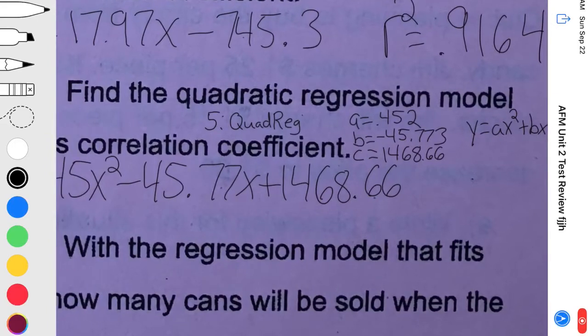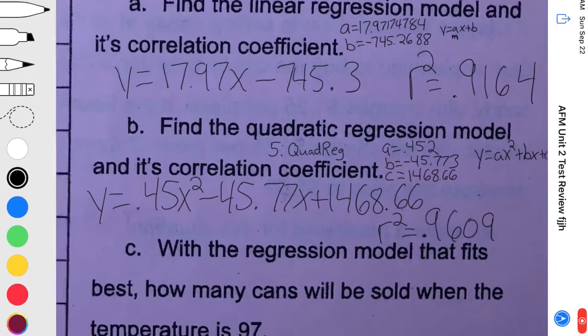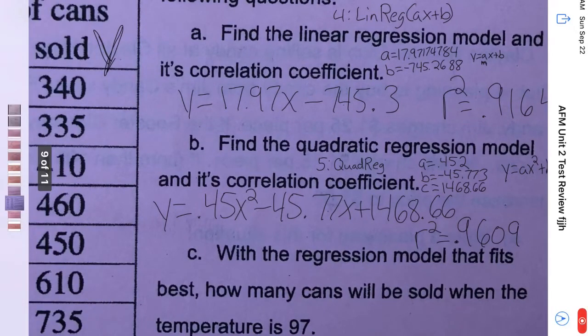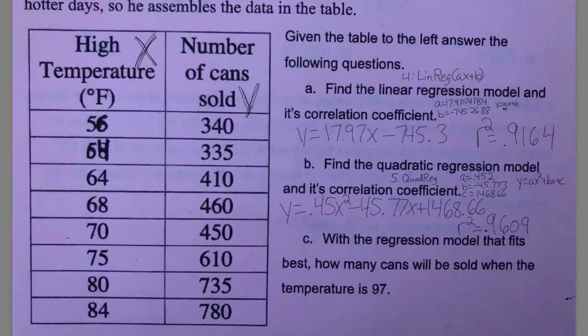And then our r squared, just reading it off the calculator, don't have to do any extra steps for it, is 0.9609. So there are my equations for A, B, and we have to have our correlation coefficient for both of them.